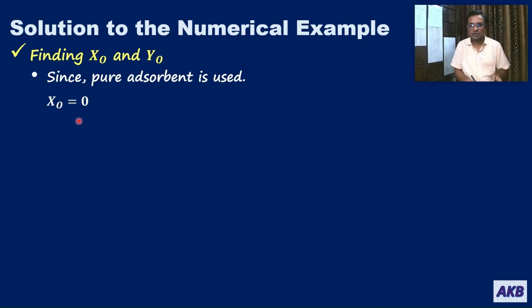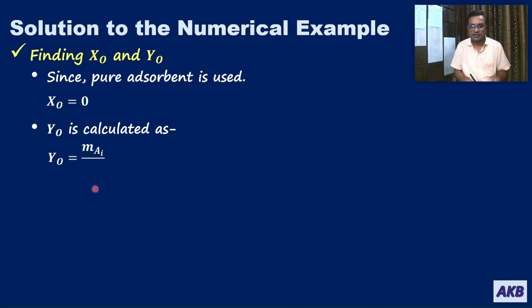That is, small x0 is 0, which means capital X0 is also equal to 0. What is capital X0? I have discussed it in my previous video. I have given a link to the playlist which has all my videos on adsorption in the description section.